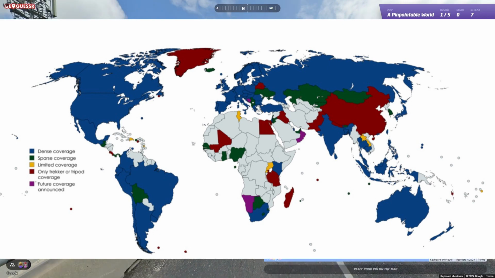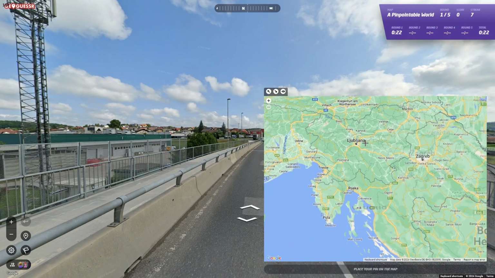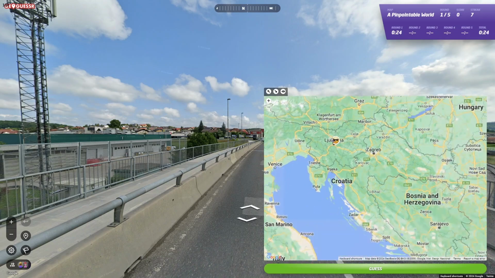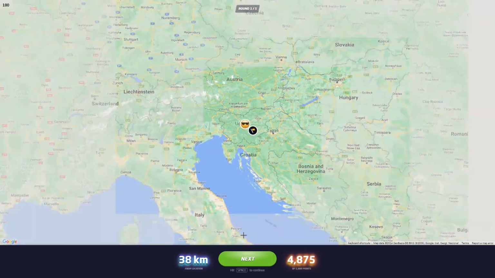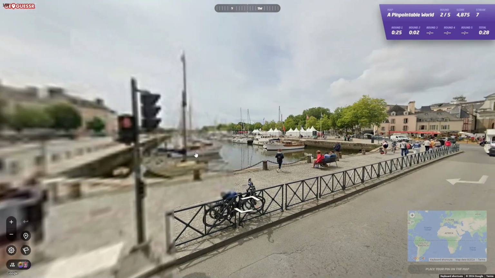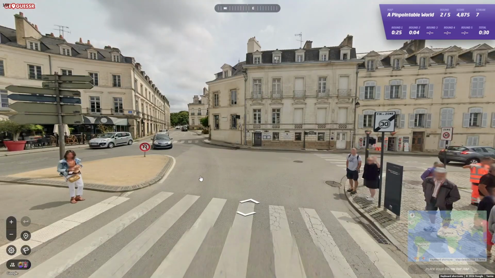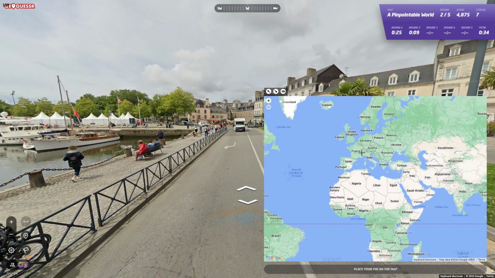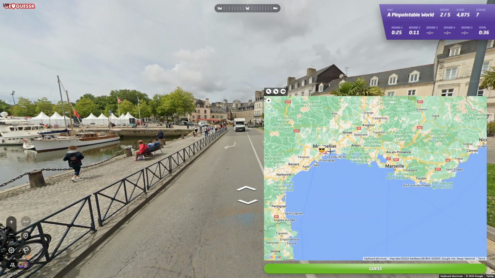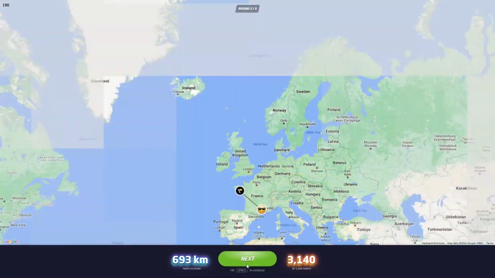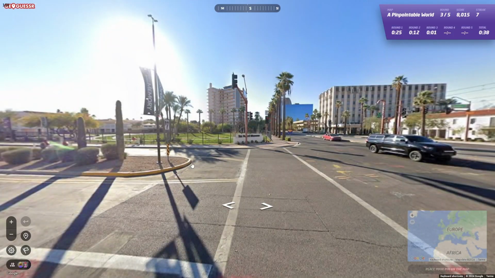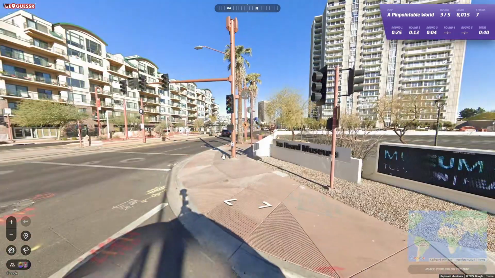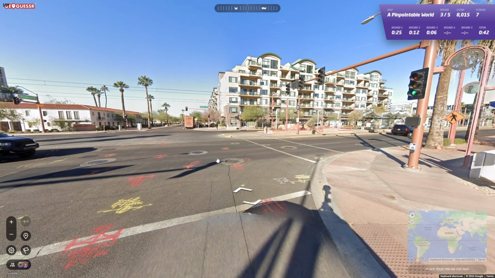They only have trekker coverage, which is a backpack used to take pictures of museums, parks, tourist landmarks, and whatnot. So it's important to know which countries are included but do not have car coverage like what you're seeing right now. The coverage was taken by using a car, of course. Those are the top 3 things that you definitely need to know when you're starting out with the game. Very cool and very crucial to know.